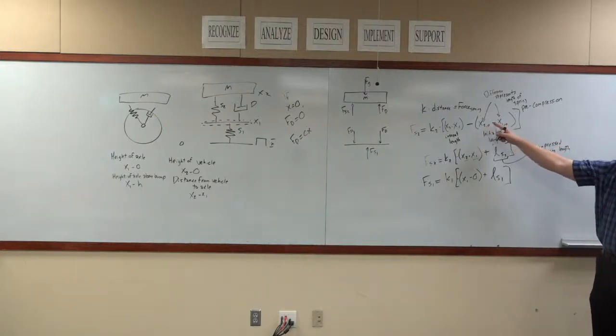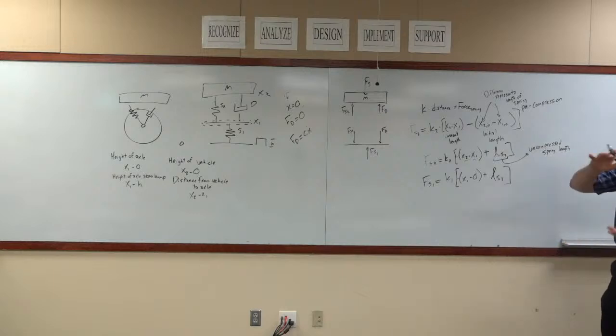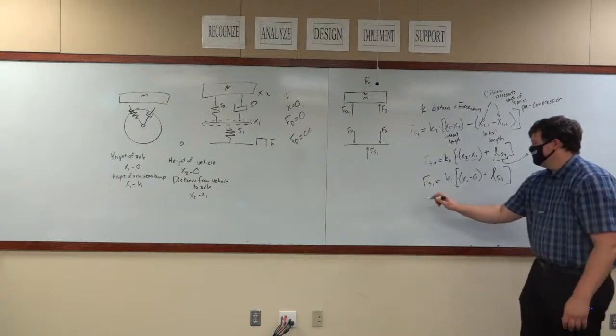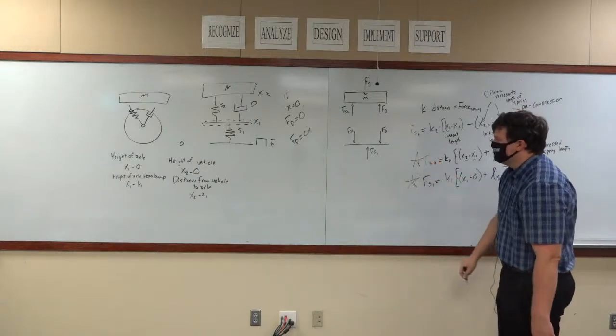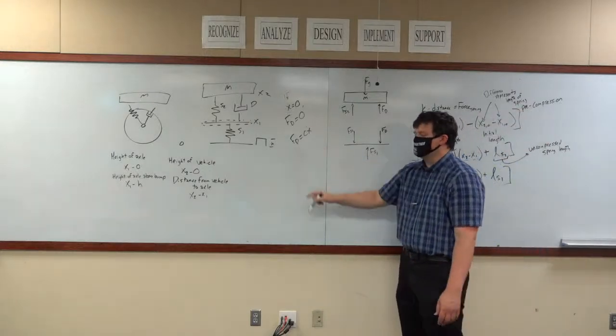It's x1 0 minus the bottom of the tire height when it's not compressed. Your tire does have some amount of compression that occurs just by laying it on the ground and putting a vehicle on it. Okay? So we have this equation, we have this equation. Now we have to take this and do something with it.